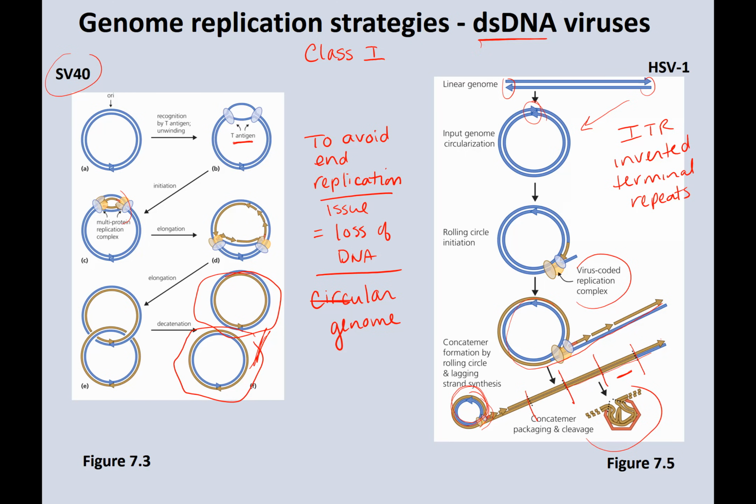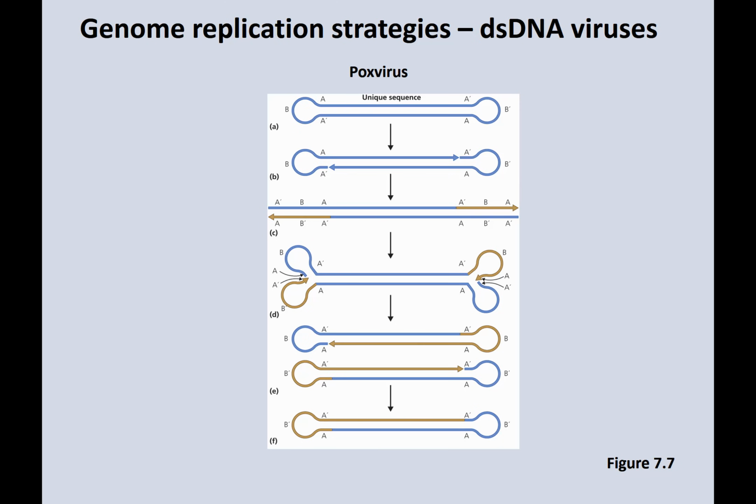Some viruses take a different option. Here's another double-stranded DNA virus. And again, what it has is these inverted terminal repeats on the end, so that the DNA polymerase can use a self-primer. So instead of having to use an RNA primer that will eventually be destroyed, it uses a piece of DNA.